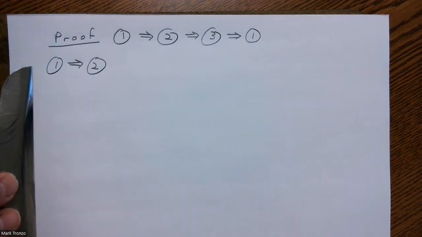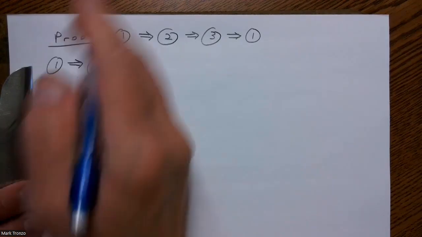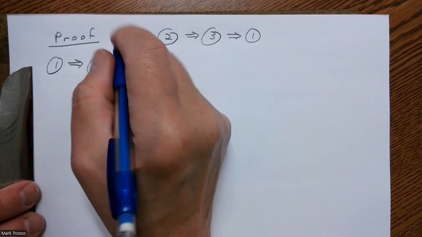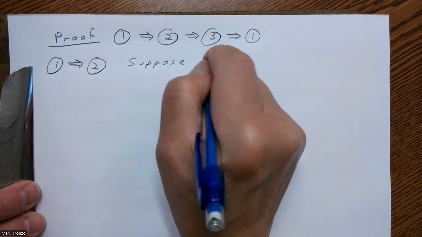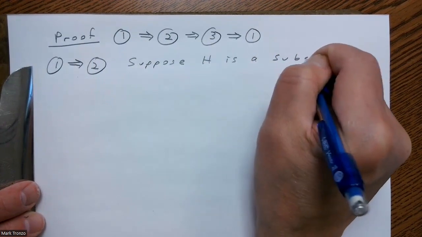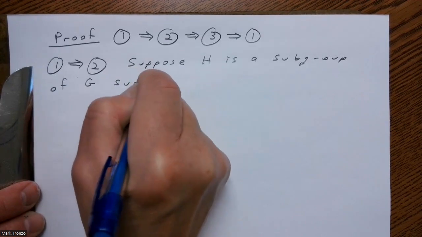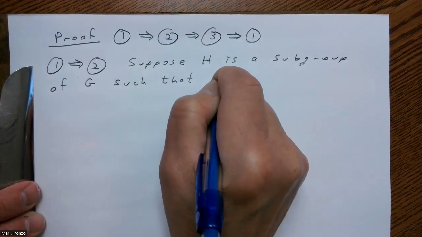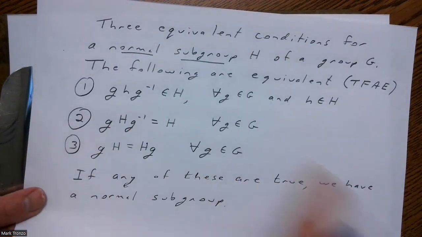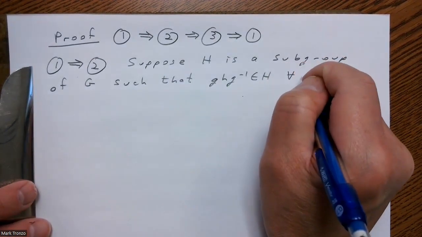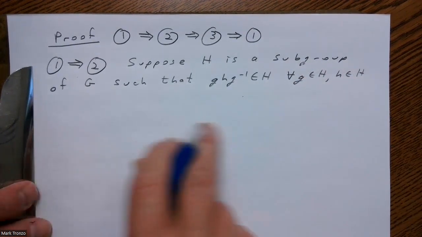So the one says gHg inverse is in H for all g in G and h in H. So suppose H is a subgroup of G such that gHg inverse is in H. So we're assuming number one, this one right here, for all g and h in H. And then what does this mean?